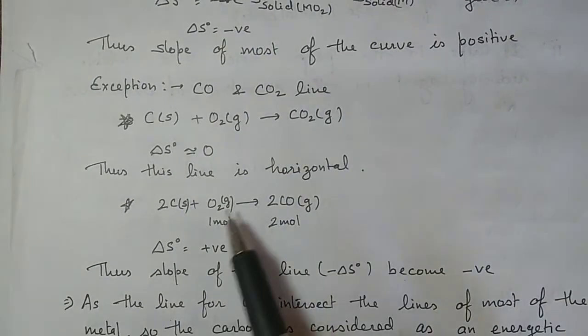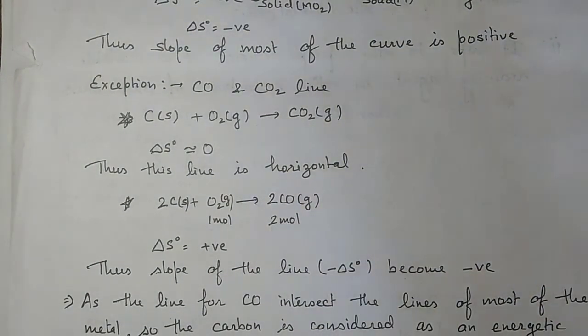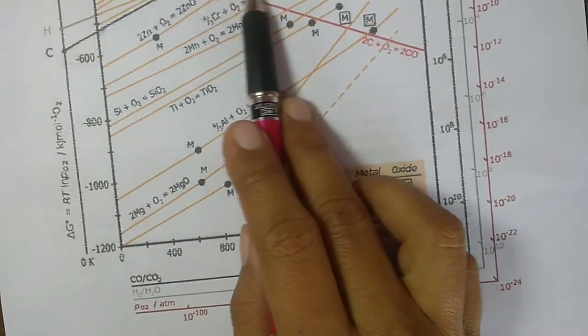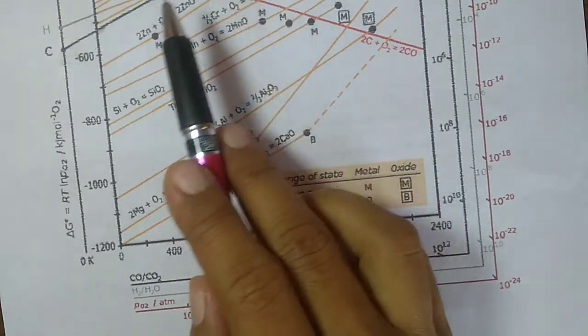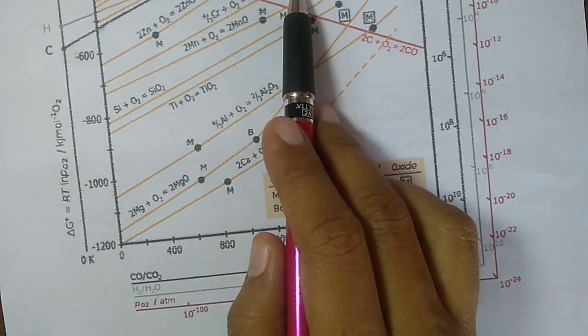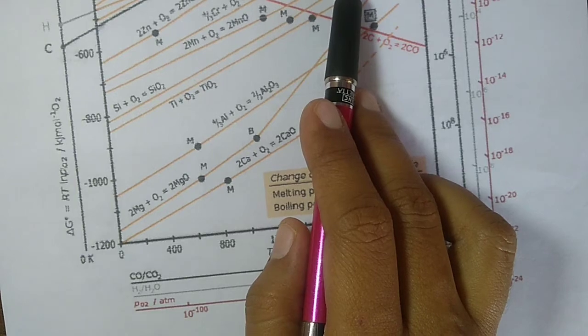Thus the line is horizontal in the case of CO2 formation, because ΔS is almost zero and the slope will be zero.